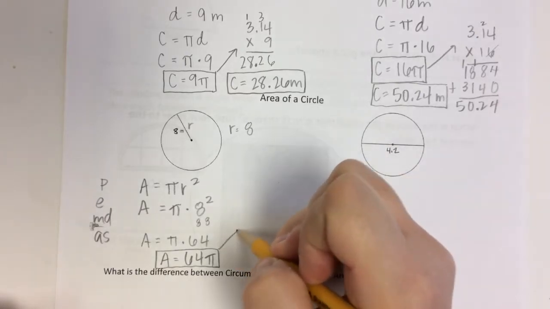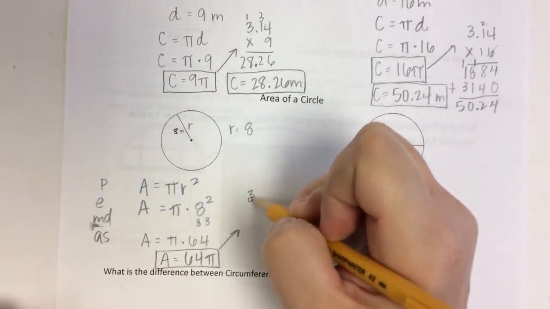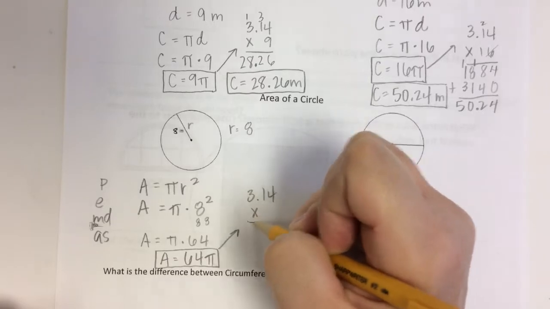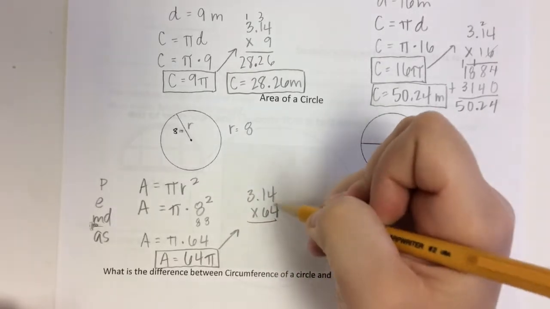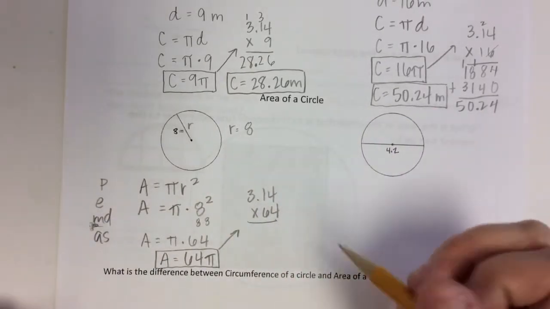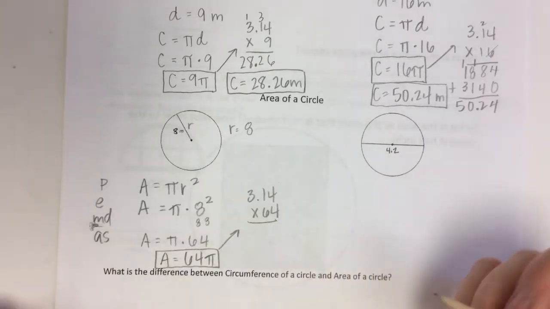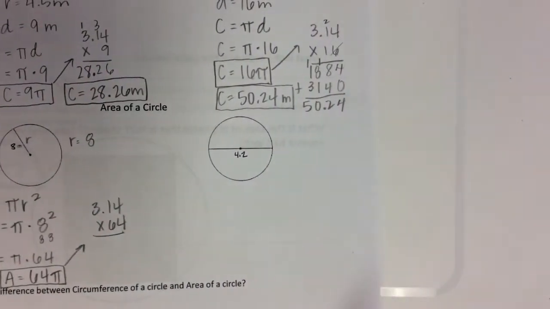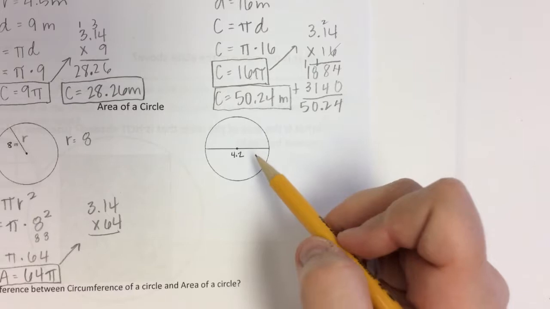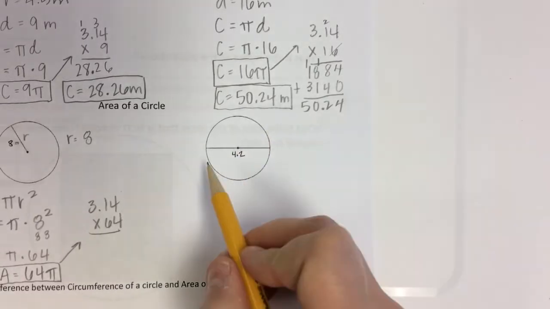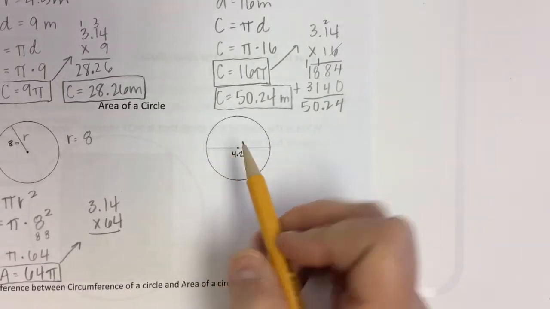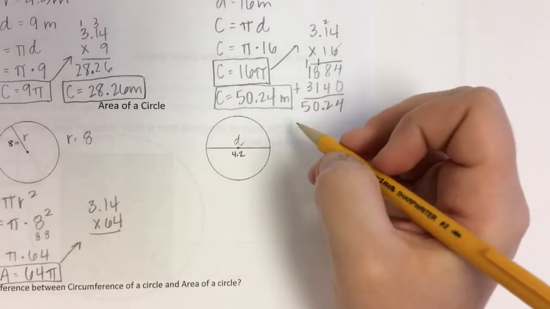If they have you go ahead and find the final answer, then you would do 3.14 times 64, and you would multiply that out. So I'm going to assume that we would be able to multiply that out if we finished it up. Let's go ahead and move on to this one. You'll notice this circle gives me the line that goes all the way through. So this is actually the diameter.